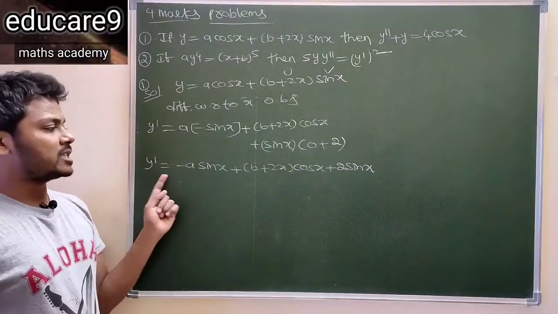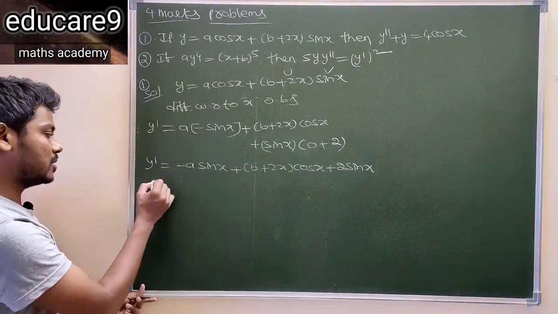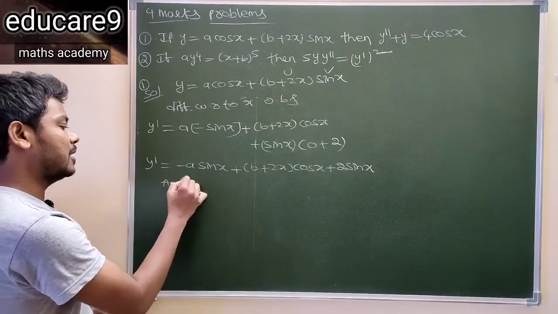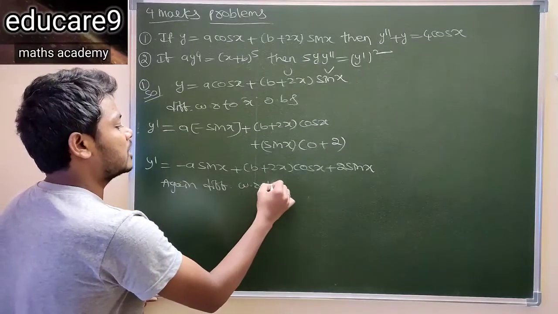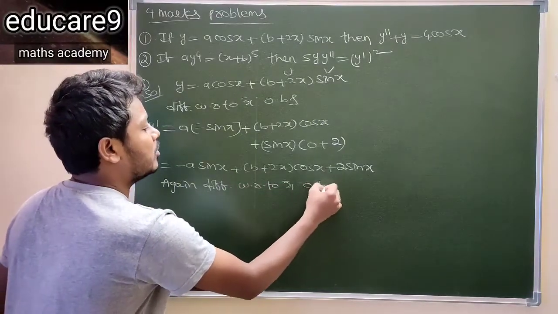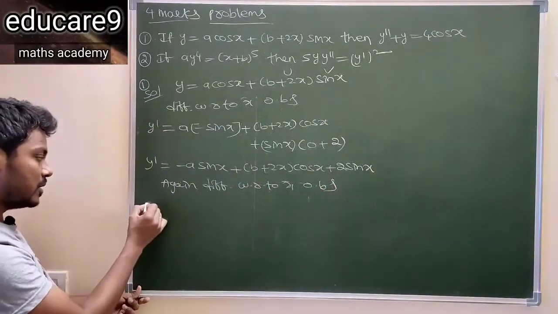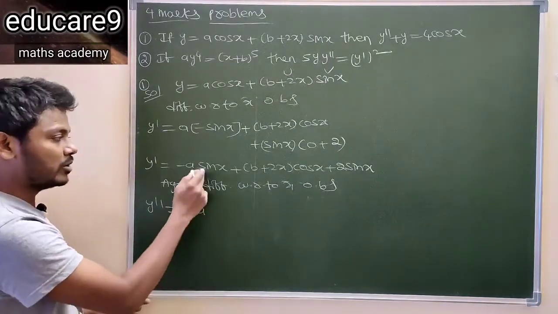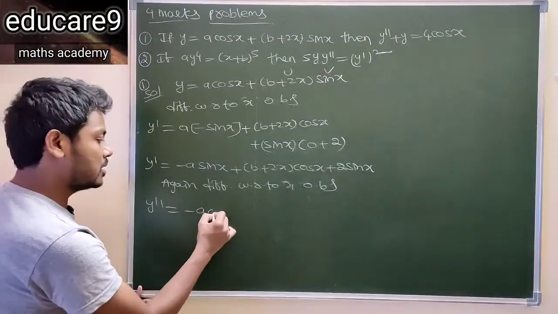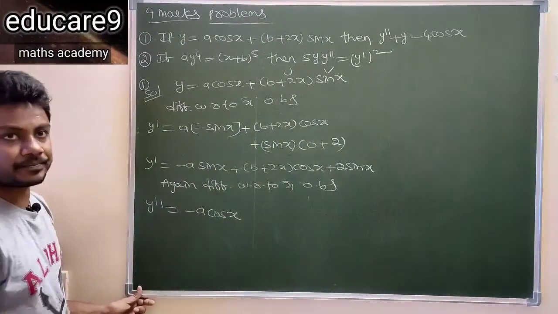So again differentiate with respect to x on both sides. That is y double dash is equal to minus a into the derivative of sin x, that is cos x.